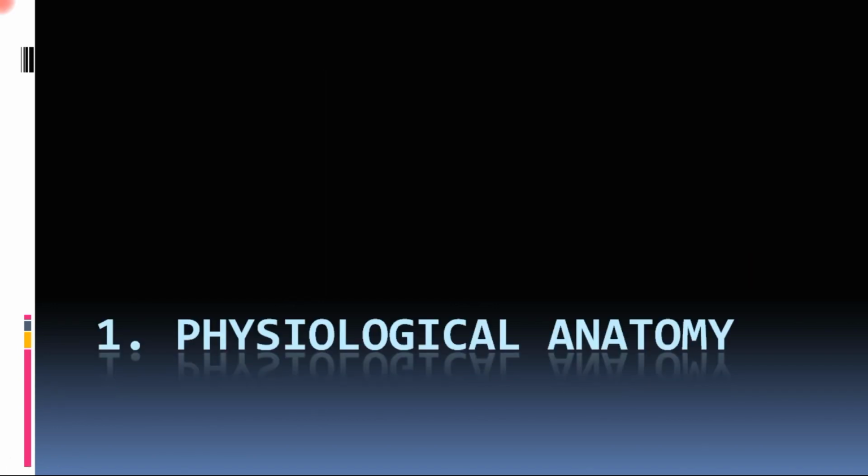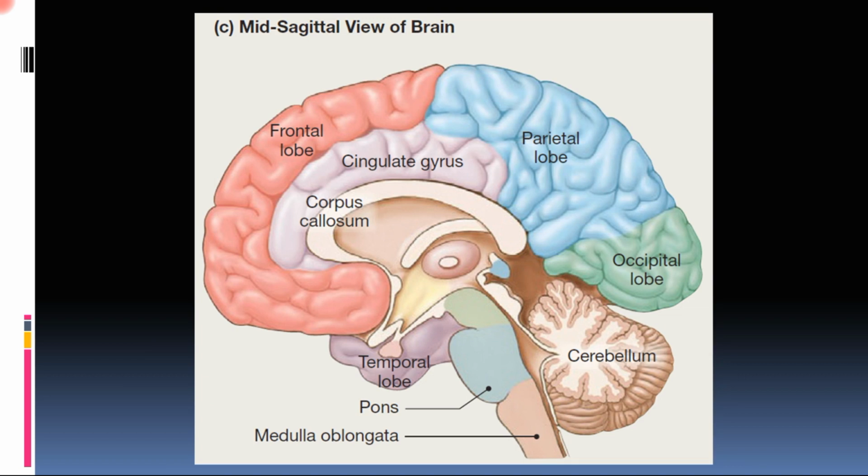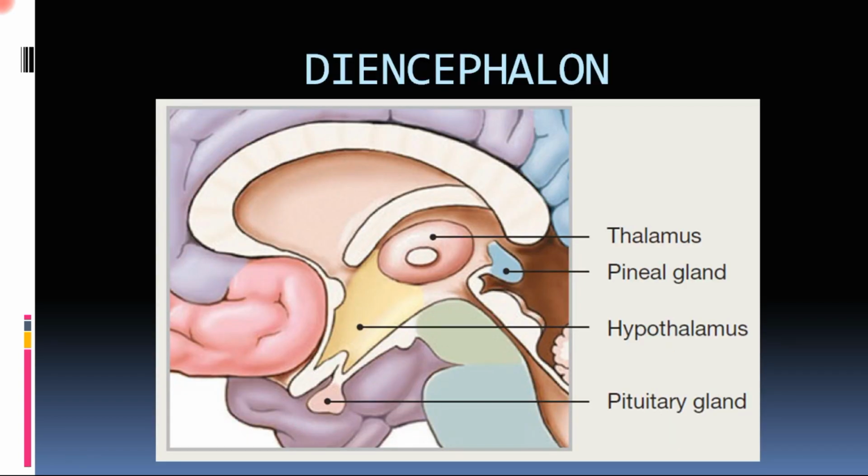So let us begin with the physiological anatomy of the thalamus. This is a mid-sagittal view of the brain. The section is a mid-sagittal section, and here you can see this ovoid, oval structure. This is the thalamus. Along with that, the pineal gland, hypothalamus and pituitary gland.